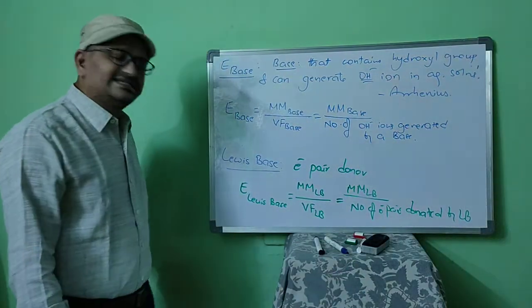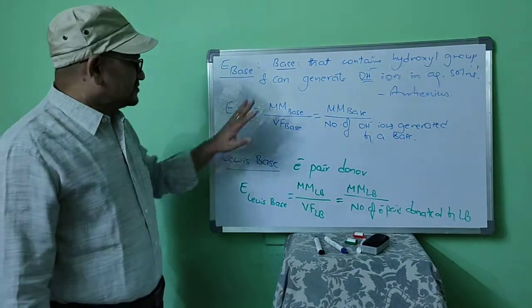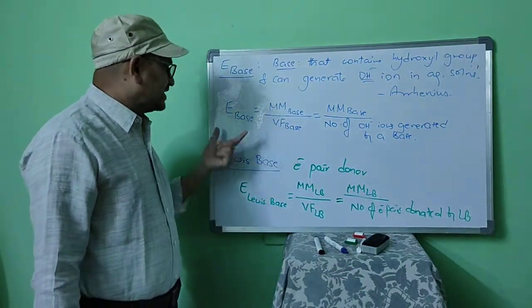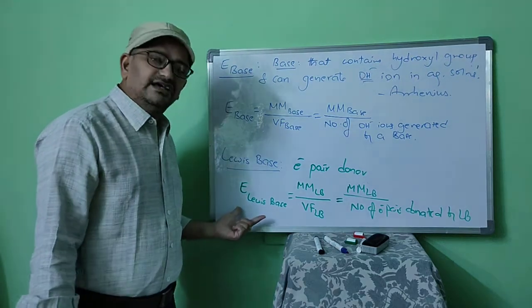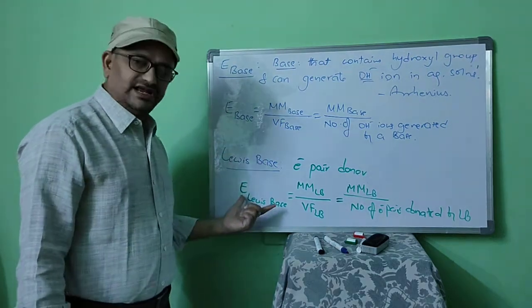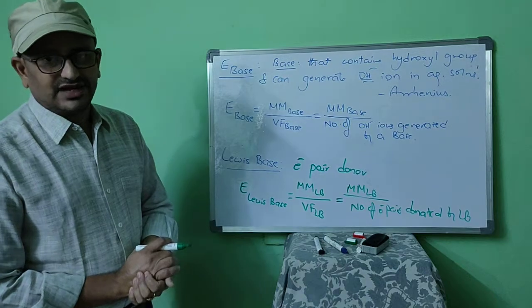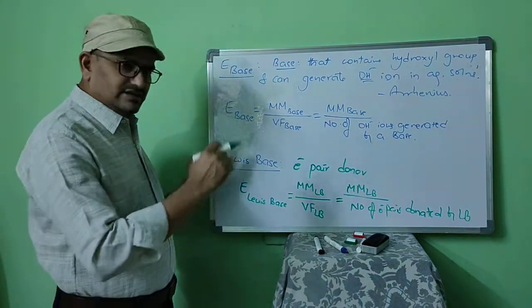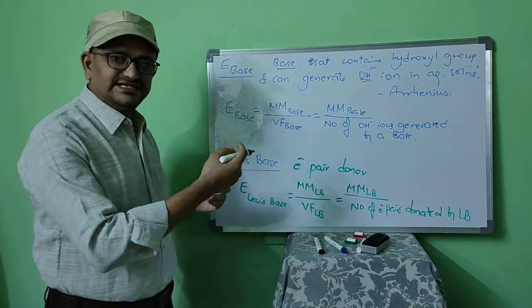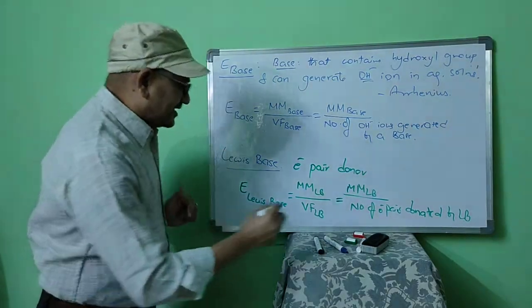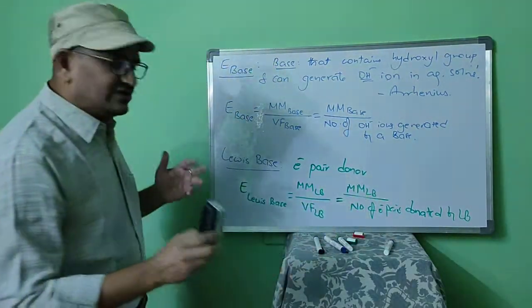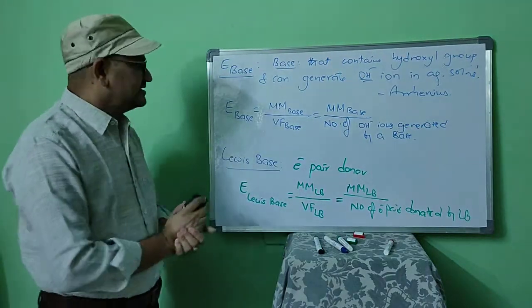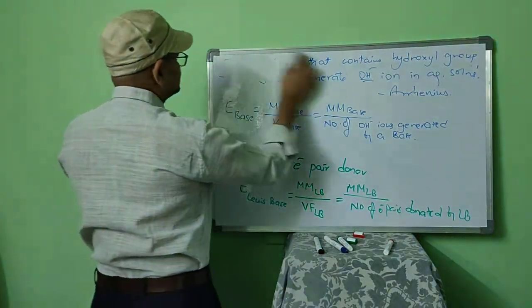So there are two types of bases. One is a normal base and the other one is a Lewis base. These two are the formulae to calculate their equivalent mass. Is that clear? If you have any doubts, you can raise it in the questionnaire.